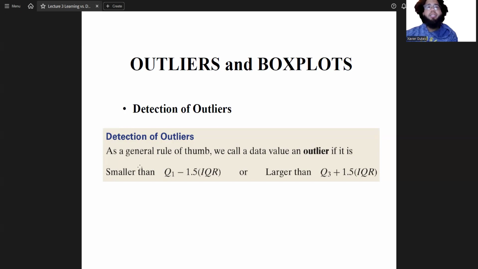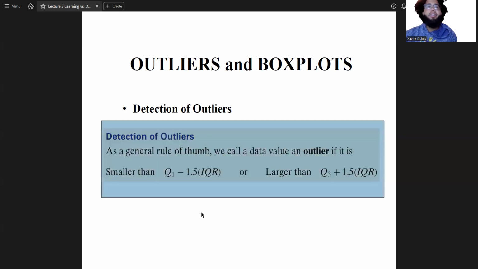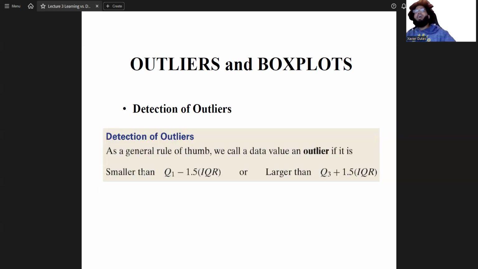Outliers and box plots. The detection of outliers is done if a value is outside of the quartile range. We find the interquartile range by subtracting Q1 from Q3, and if a value exceeds 1.5 times that value beyond the quartiles, if it's greater than those lines that we find, then it's considered an outlier.